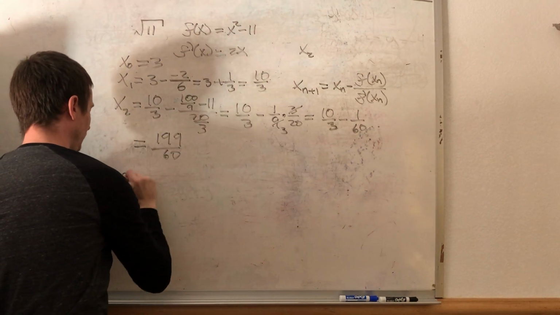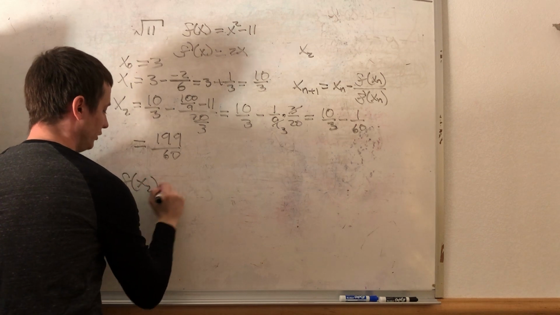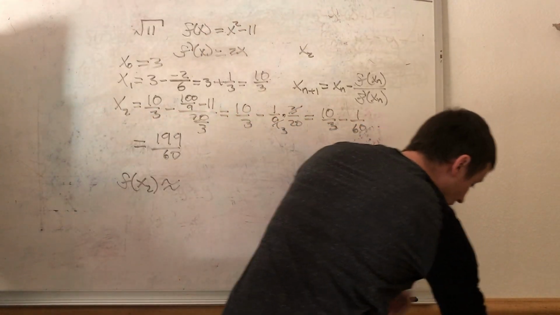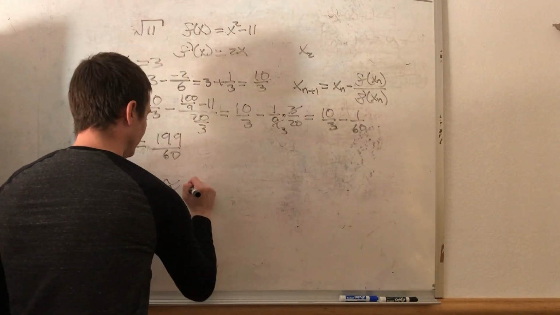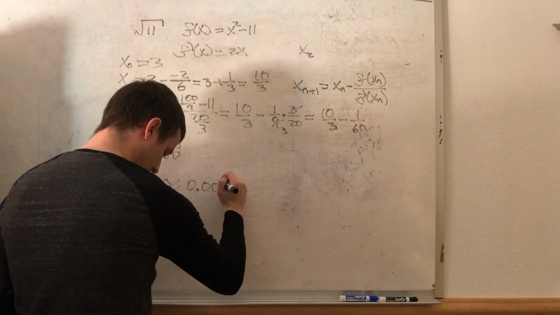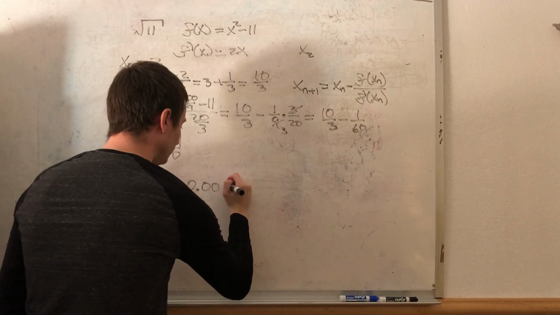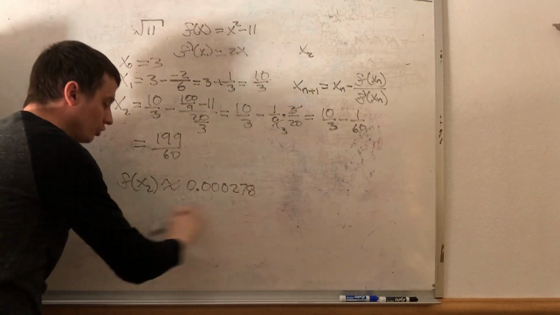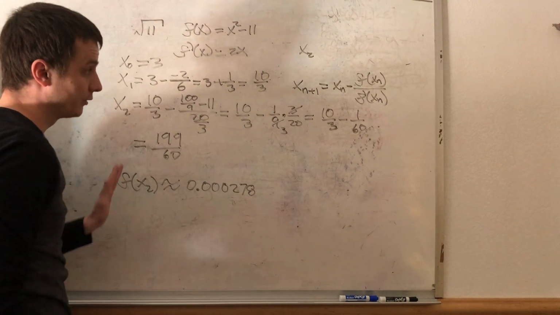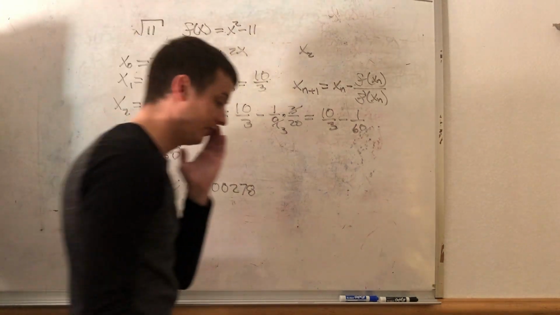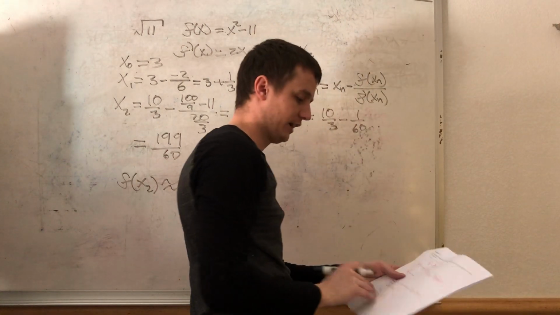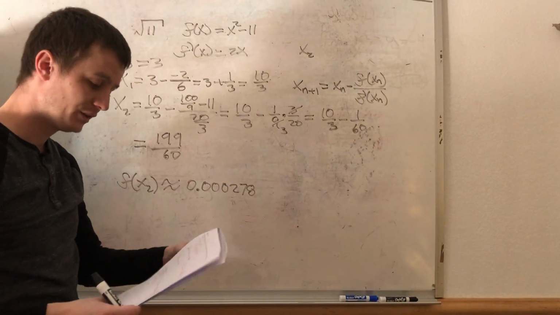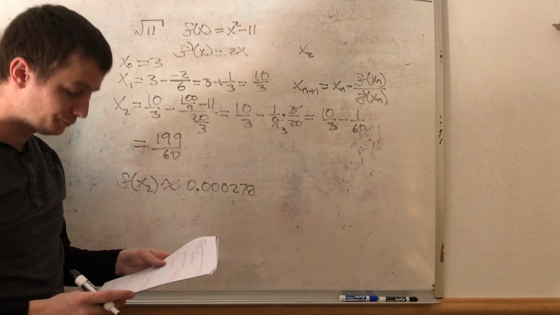You just plug that into your calculator, you're not expected to do that by hand, but you should get roughly 0.000278. So notice, absurdly close to 0. So this is a really good approximation for the square root of 11. Square root of 11 is an irrational number, so we can't write out exactly what it is as a fraction, but this gives us a great approximation.